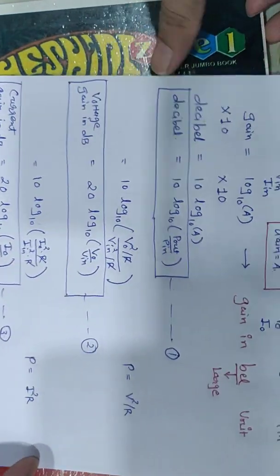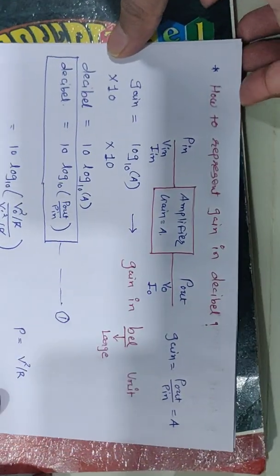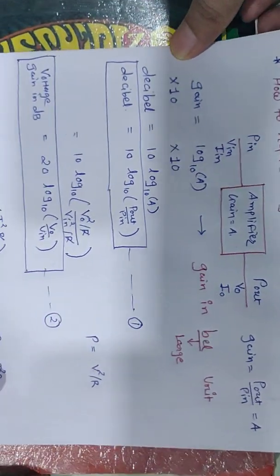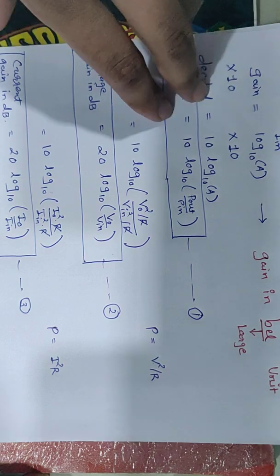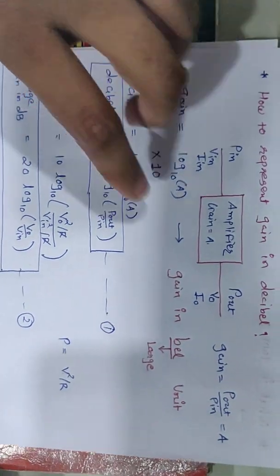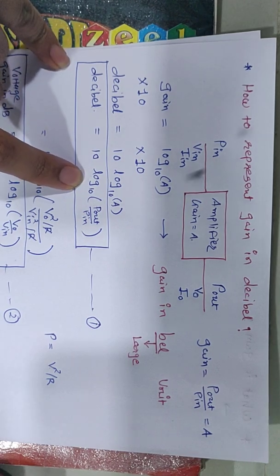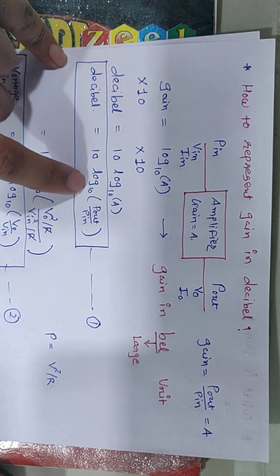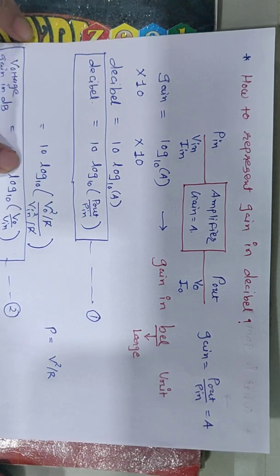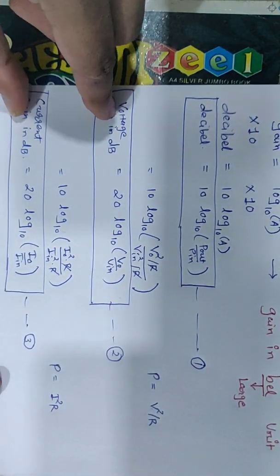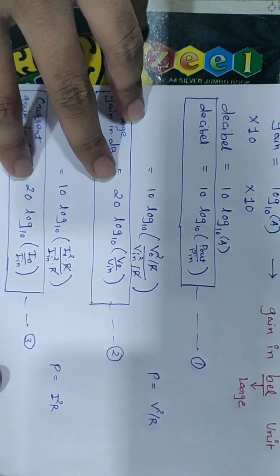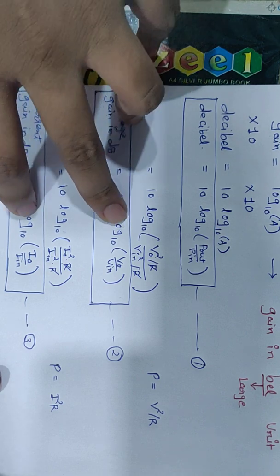Okay, so the only difference in these three equations is this one. If we are considering A as the power gain, then we have to use this equation: 10 log P out upon P in. If we consider voltage or current gain, then the equation will become 20 log.